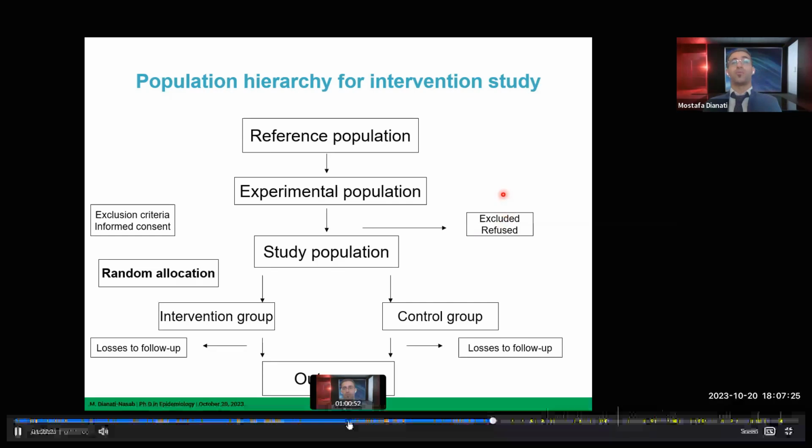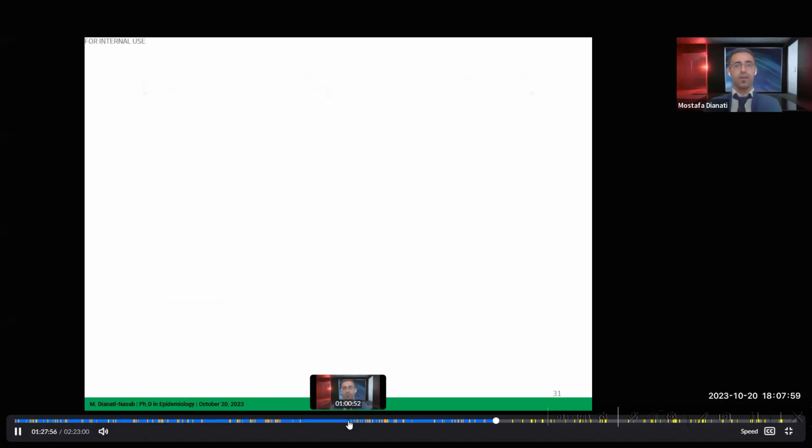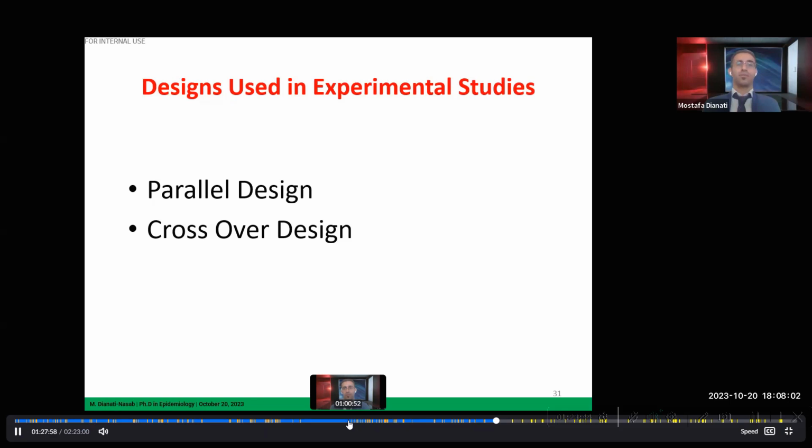Here you have to write the number of patients or the number of healthy individuals that couldn't participate in your study. Finally, you have a study population. You can randomly allocate intervention or control. Of course, after implementation of intervention or after having the control group, we have loss to follow up again. This is normal, no worries at all. And then you will see the outcome in the intervention arm and control arm.